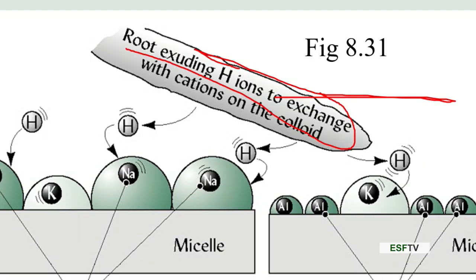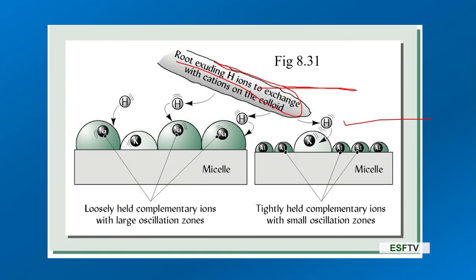So what happens if something's tightly held? Well, something like aluminum, very tightly held. Now you can imagine what happens around that micelle. It attracts, and because of this hydrated radius, showing the shell, you can fit in a lot more of these aluminum ions, +3. They're small, packed, high charge density, compared to sodium.